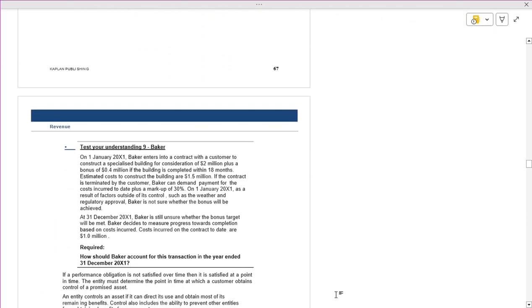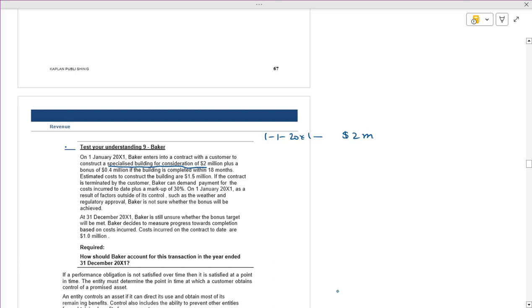Fine. Now, another interesting and very important one. On January 1st, 2001, Baker enters into a contract with the customer to construct a specialized building. No alternative use. The cost is 2 million. Very simple, very straightforward, very small.